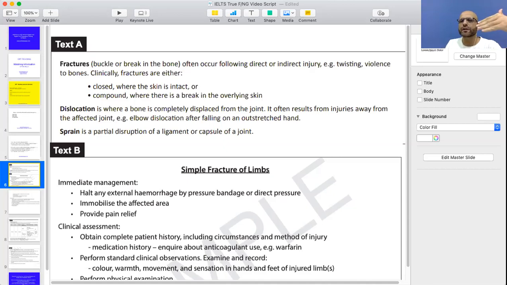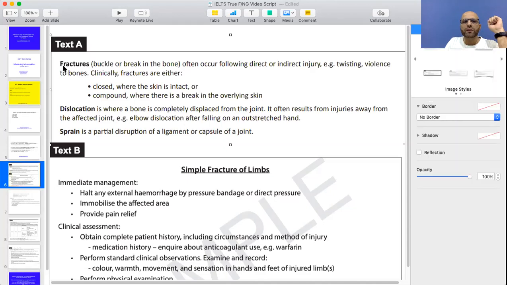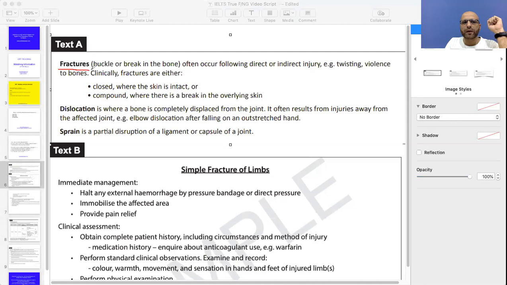So the first sentence can indicate the remaining information's subject, okay? When we read the word fracture, it tells us the sentence is about fractures, right? And then we skimmed a few more. Dislocation, it talks about dislocation. Sprain is a partial disruption of a ligament or capsule of a joint.